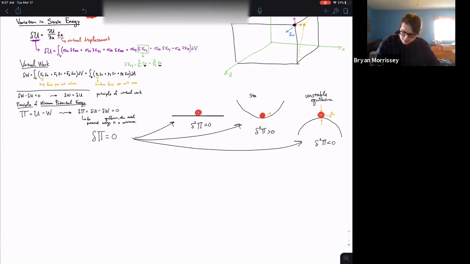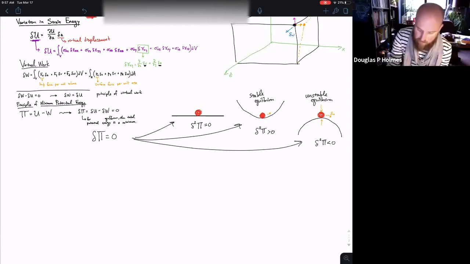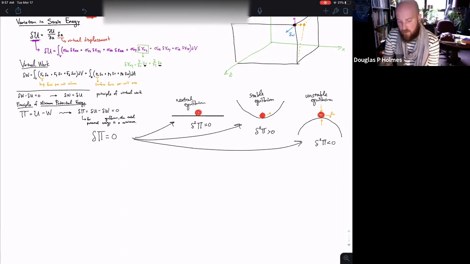Stable equilibrium. And this is what's referred to as neutral equilibrium. The potential energy is not changed as you displace this thing in the x direction.